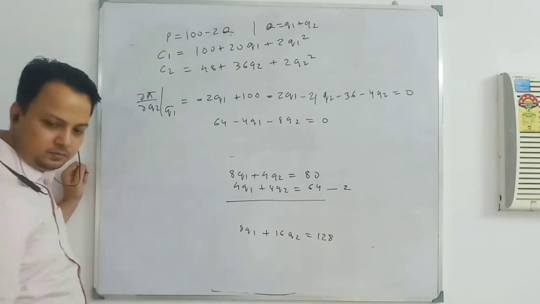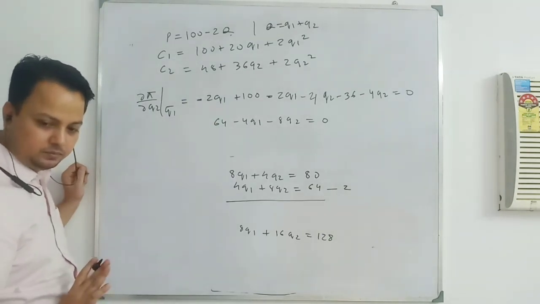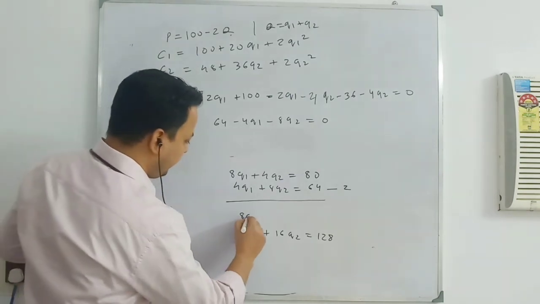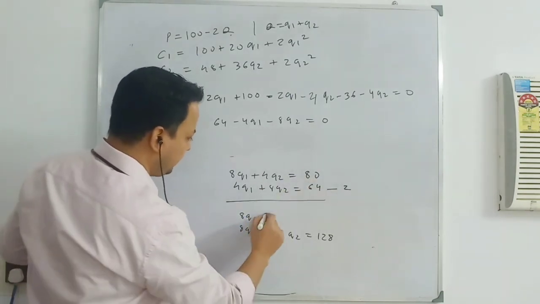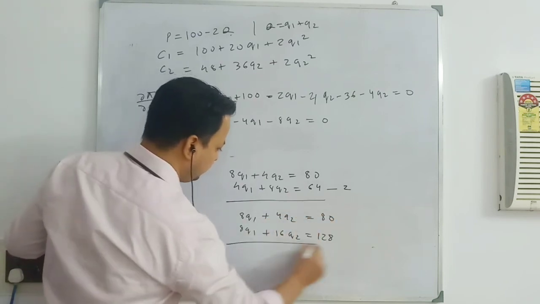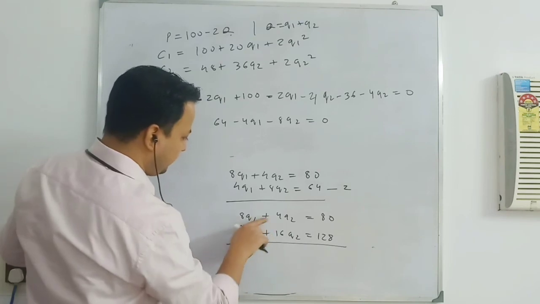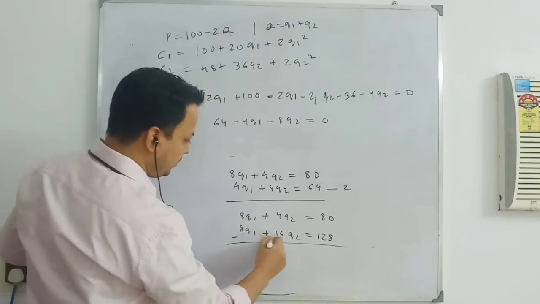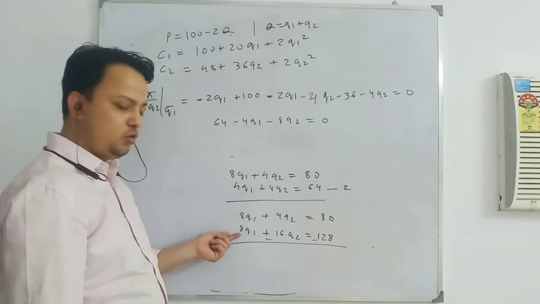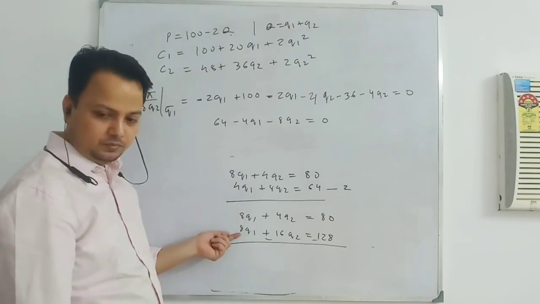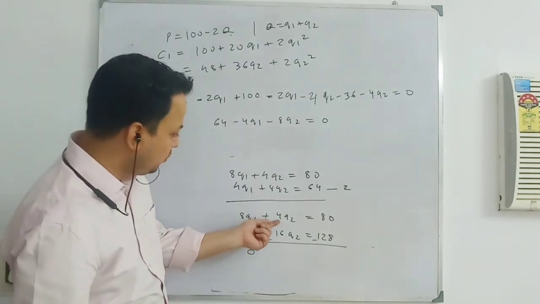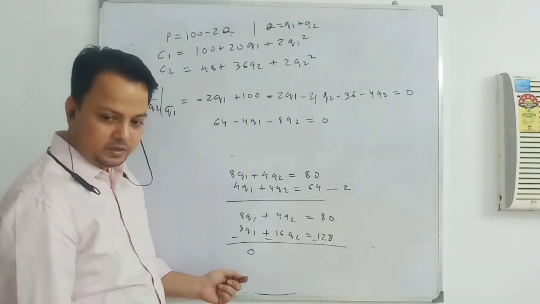Okay, everyone got it? Just write the first equation, 8q1, as it is because I am not doing anything with that term, plus 4q2 equal to 80. Then subtract the first equation with the second equation. Okay, so I write the subtraction sign. 8q1 minus 8q1, what will it be? 0. This is 4q2 minus 16q2, what will you get?